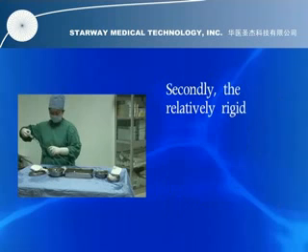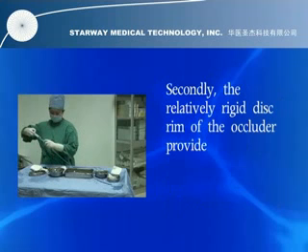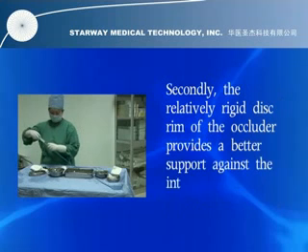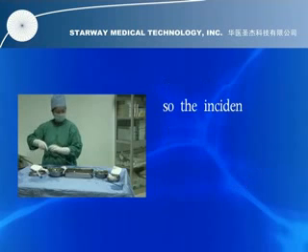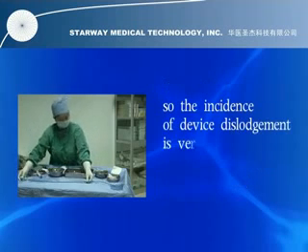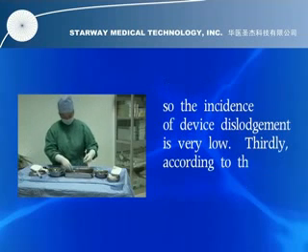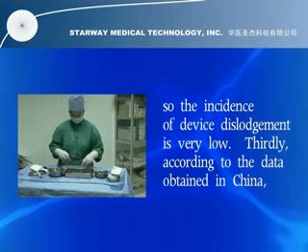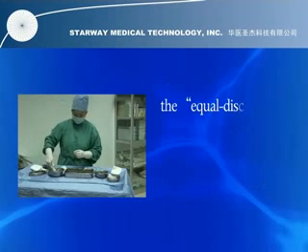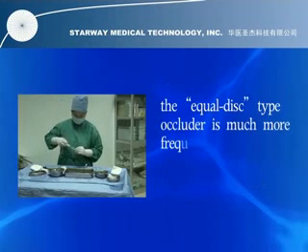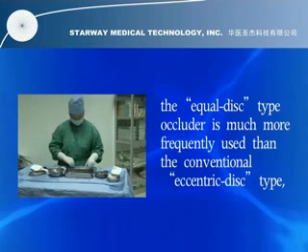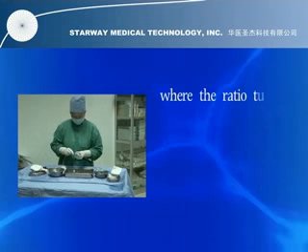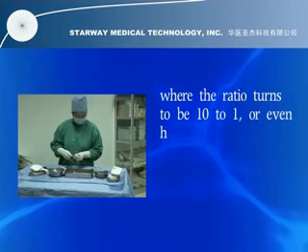Secondly, the relatively rigid disc rim of the occluder provides better support against the interventricular septum, so the incidence of device dislodgement is very low. Thirdly, according to the data obtained in China, the equal disc type occluder is much more frequently used than the conventional eccentric disc type, where the ratio turns out to be 10:1 or even higher.